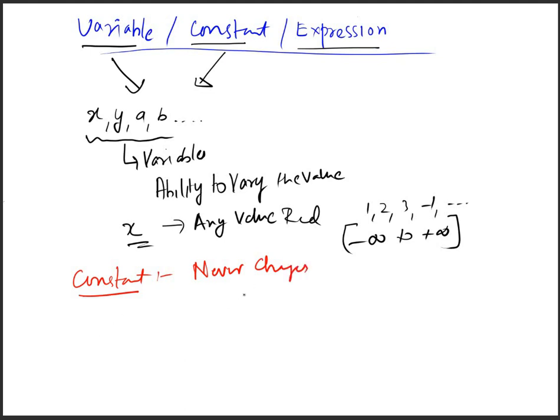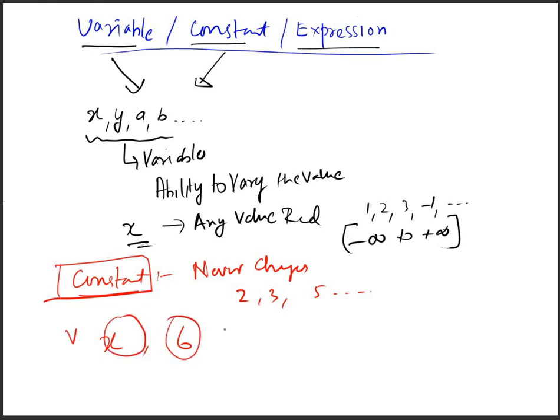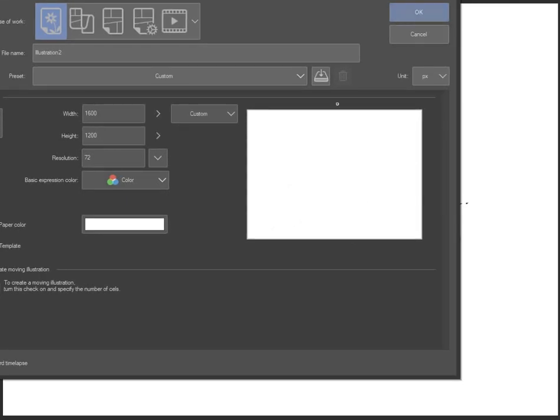So if I say numbers like 2, 3, 5, and any number in the world that you can think of, they are nothing but constants. So if I say X and 6, X is a variable, 6 is a constant. So in very layman terms, that is the difference.